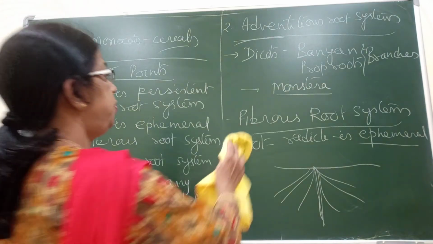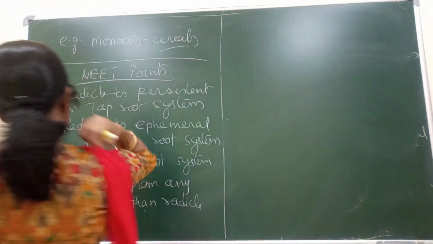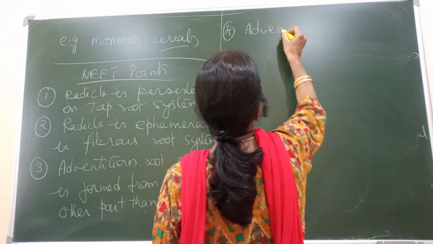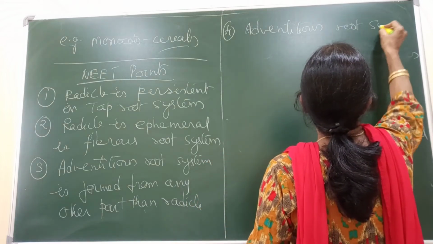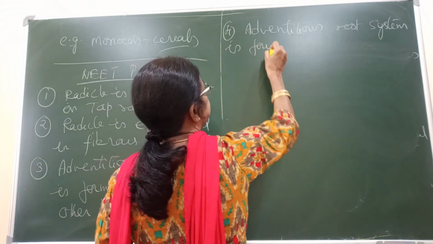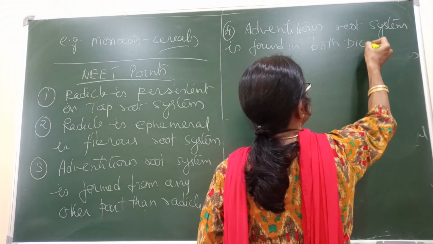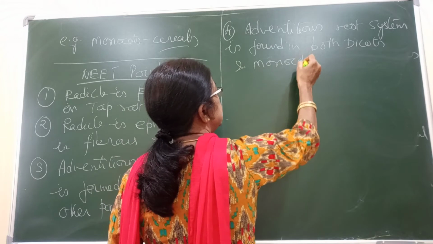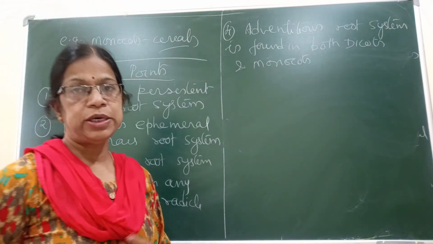Now, next point: adventitious root system is found in both dicots and monocots.